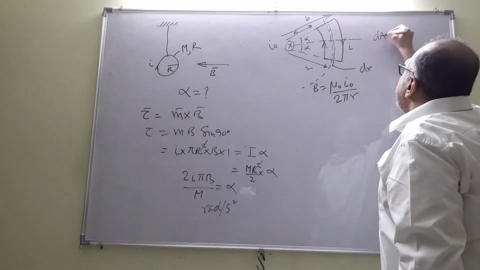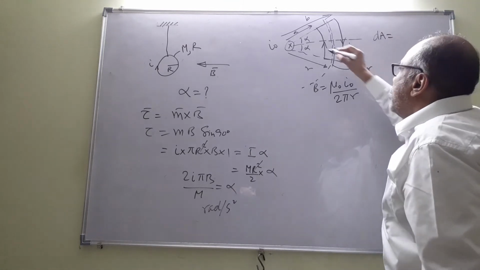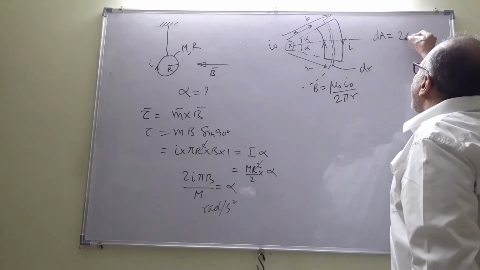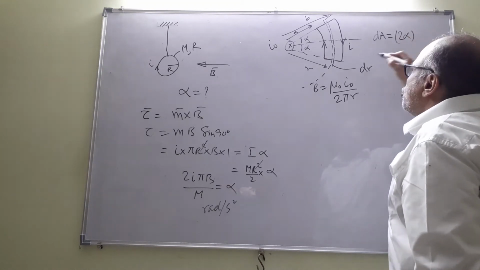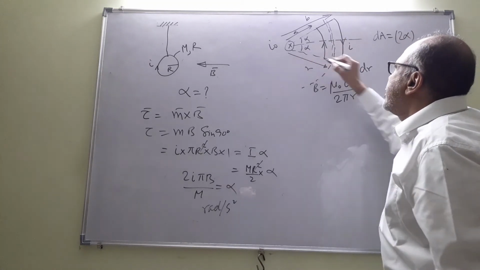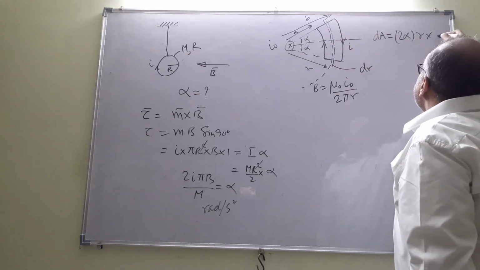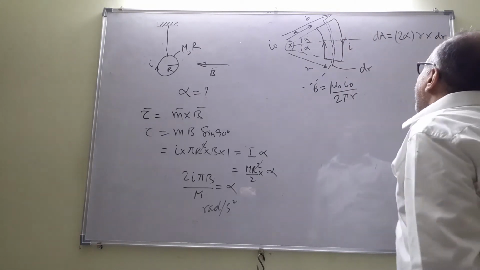That area would be, the arc angle is 2 alpha, so 2 alpha into the radius r will be the arc length, into dr. That would be the area.